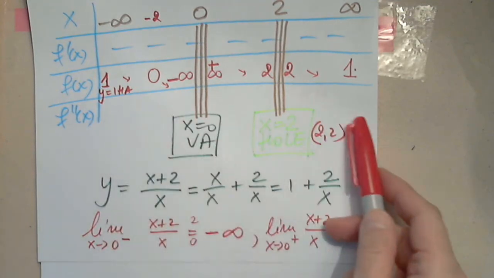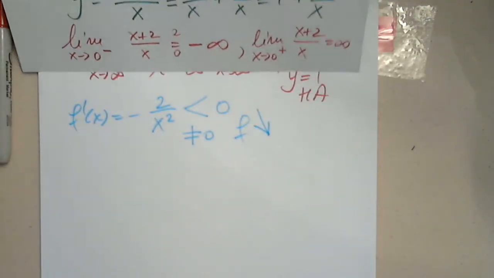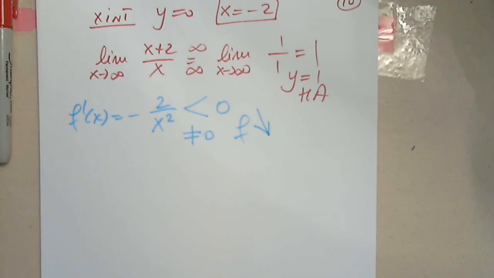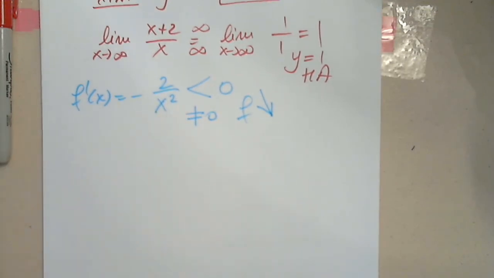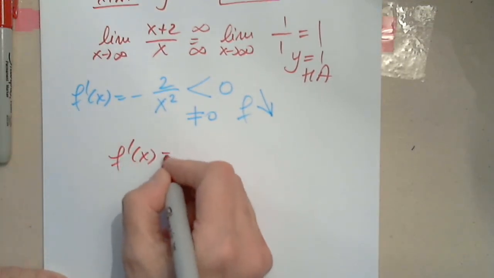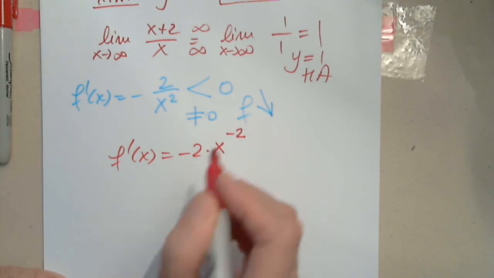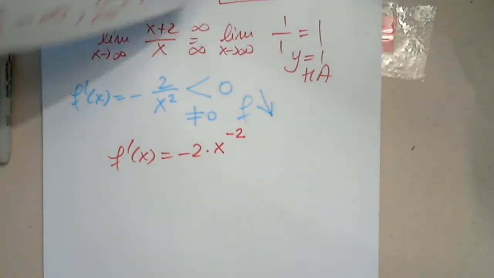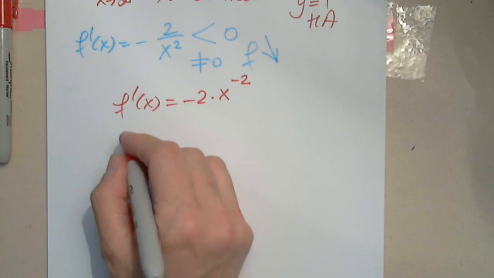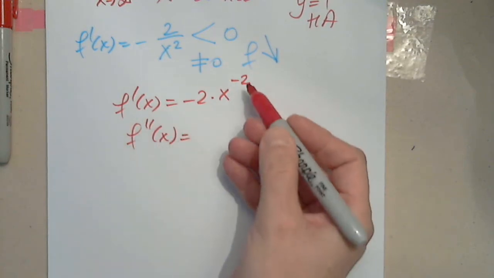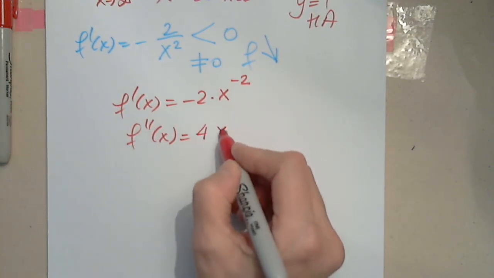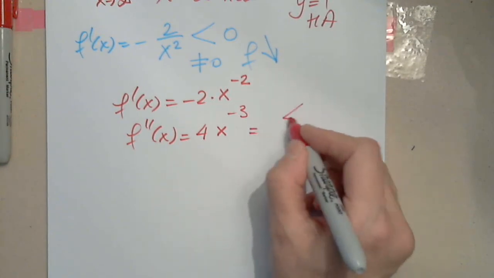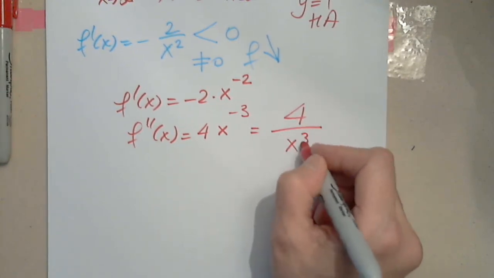I'm ready to study the second derivative to find intervals of concavity. So this is the first derivative, so I'm going to write it like this because it's easier to differentiate. So now the second derivative will be 4x to negative 3, which is 4 over x cubed.